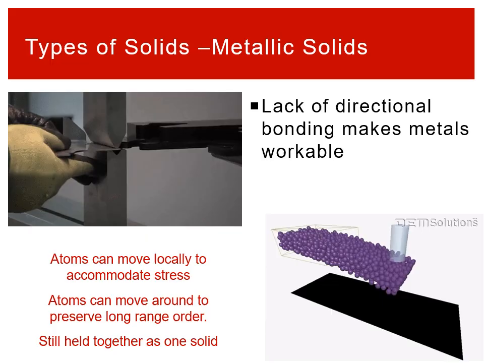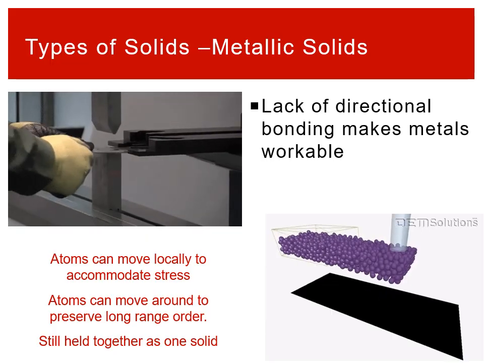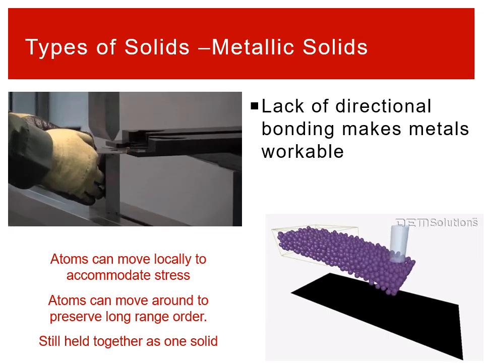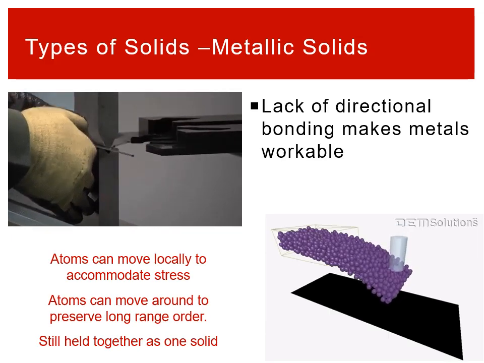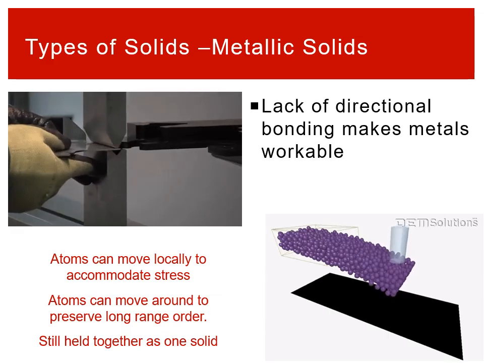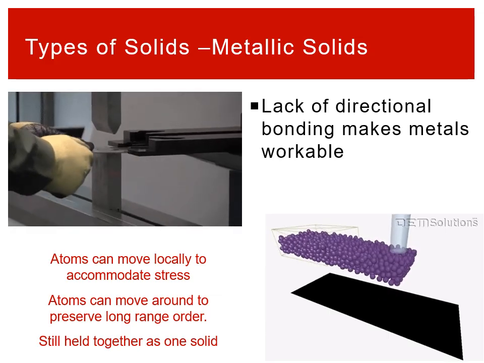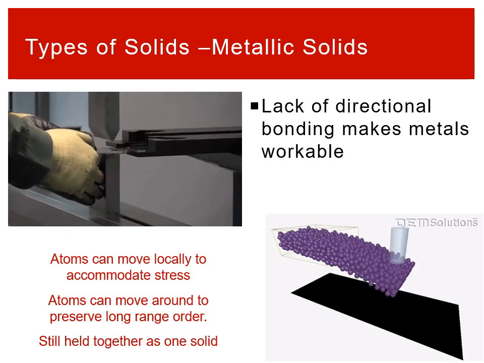This comes from the atomic level that accommodates this, right? When you stress something, when you try to break a material or move it, you're going to have to move atoms around. It's important that in metals, electrons aren't associated with particular atoms. You don't have particular bonds between particular atoms.